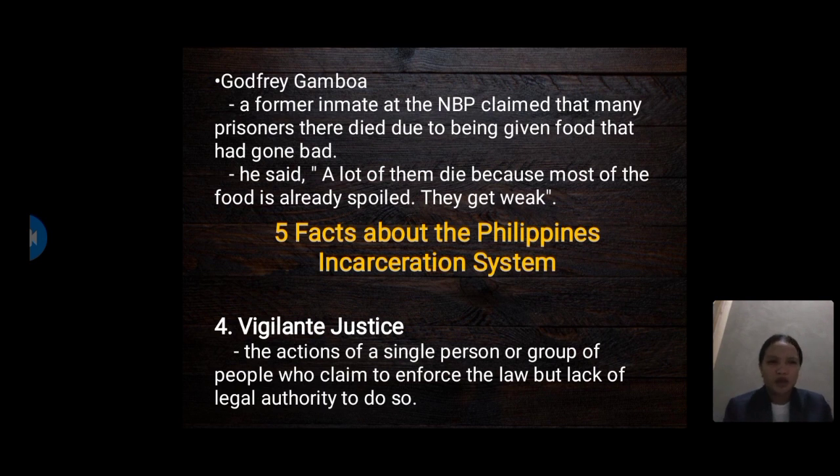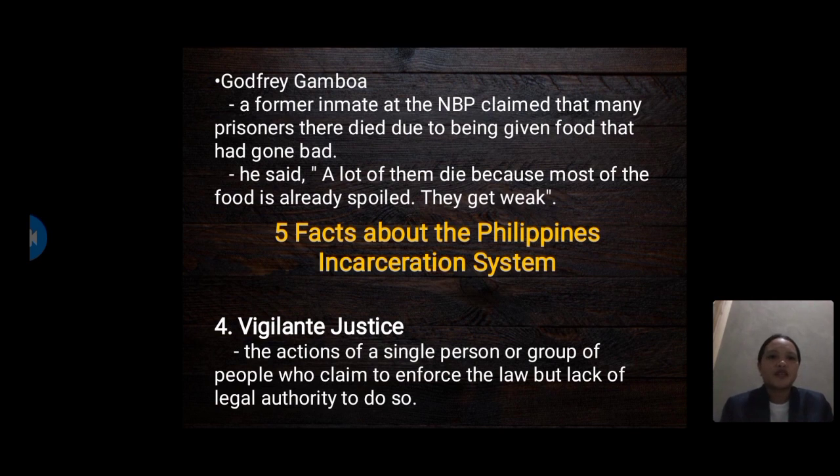So according to Godfrey Gamboa, prisoners died due to being given food that had gone bad. So that's too bad. But I think I will believe that if I personally see it. We don't know, or I don't know what's the truth inside those institutions.